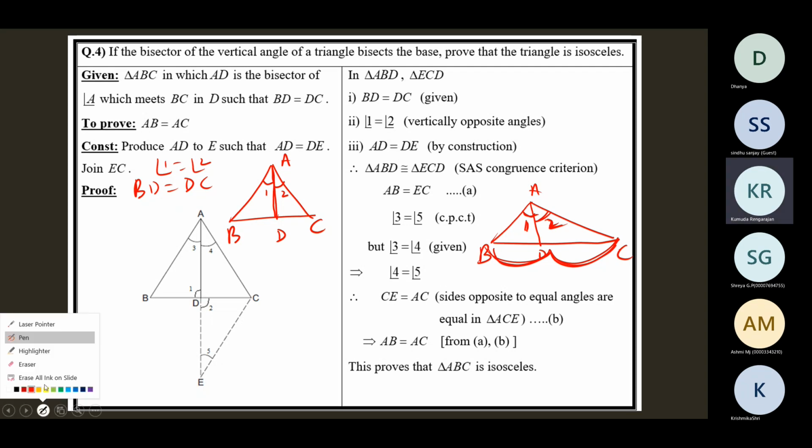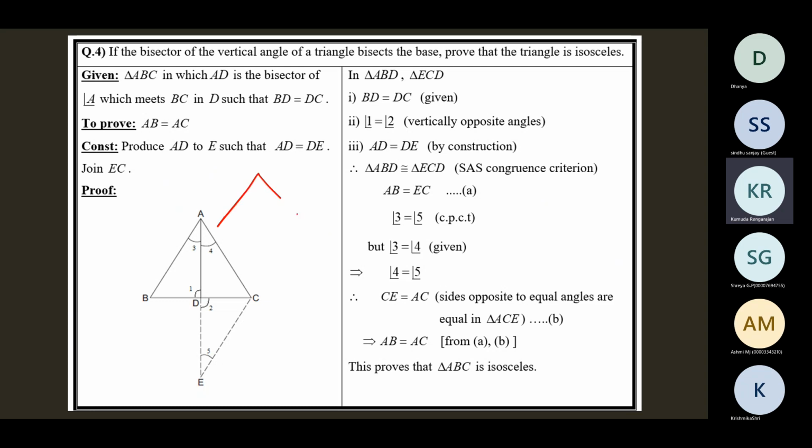If in this triangle ABC, we have this line segment AD, which is coming from A and landing on the side BC, such that it bisects the vertical angle A, so that means it makes angle 1 equal to angle 2, and also it bisects the base BC, that means BD is equal to DC.